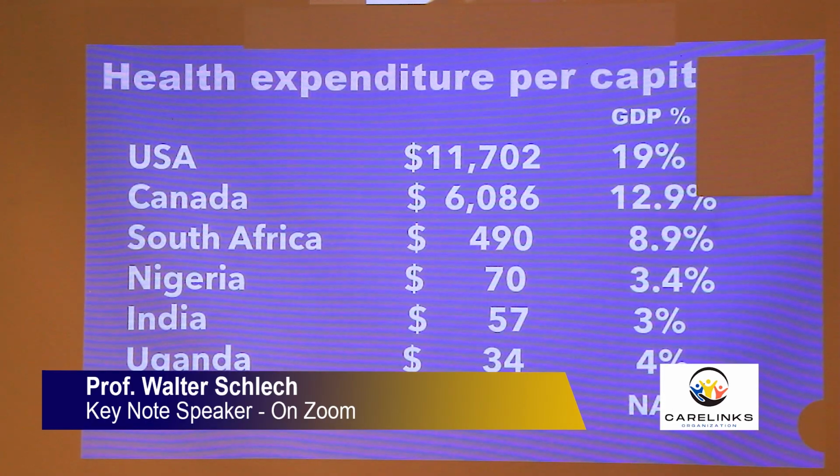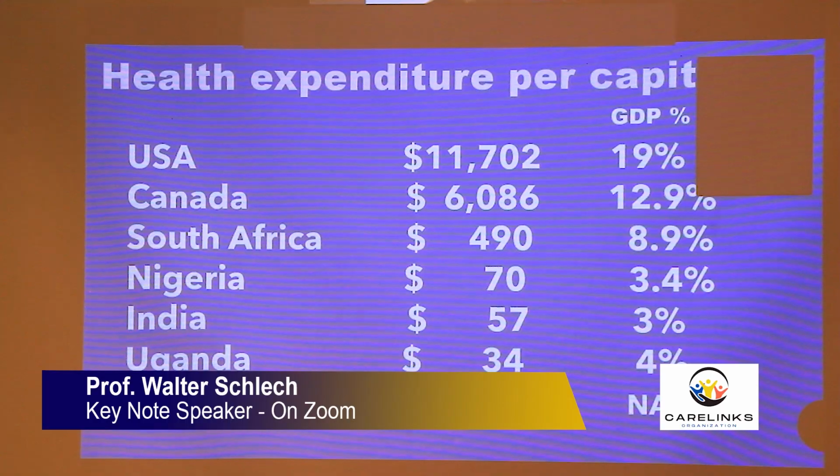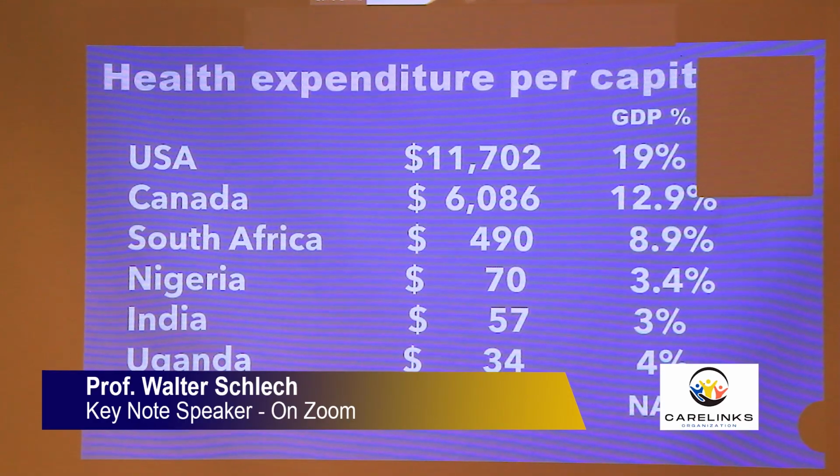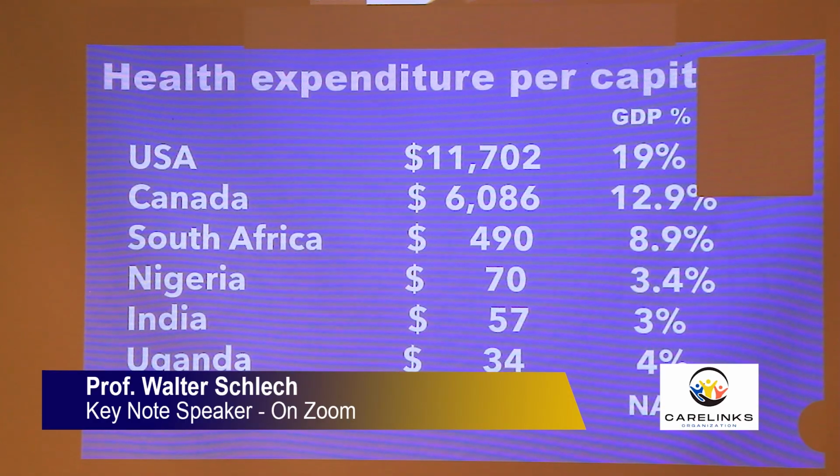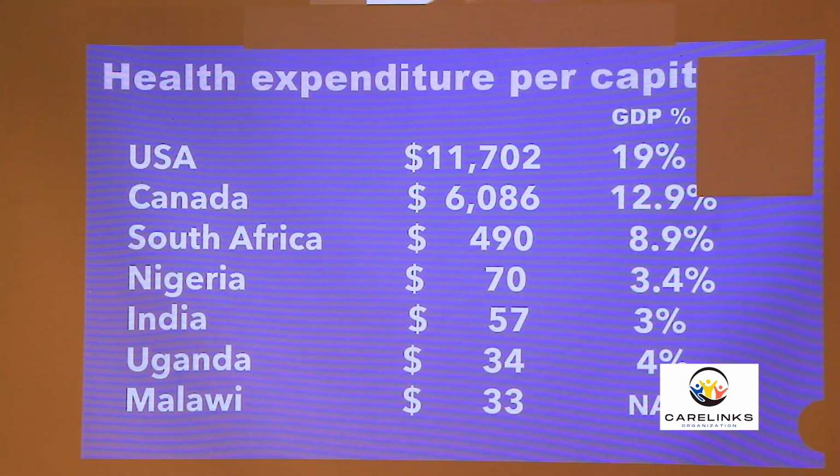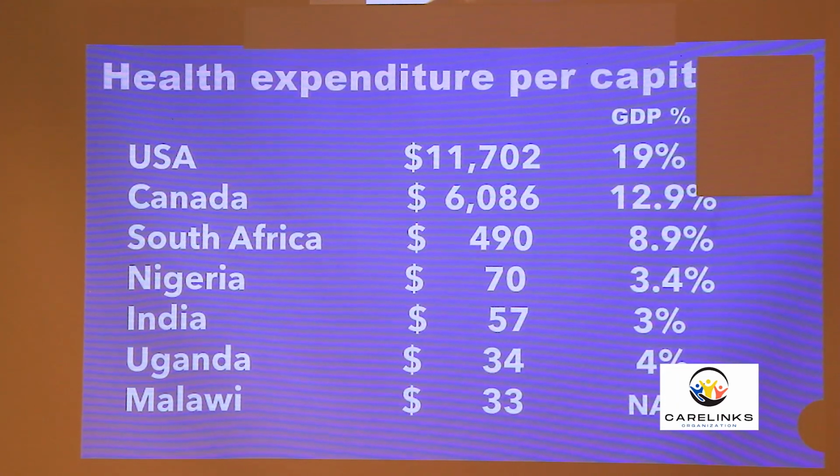Canada is not far behind, actually, and we're doing about $6,000 per capita, but probably maldistributed when we talk about our indigenous and other minority communities in Canada, but it represents about 12% of the GDP.